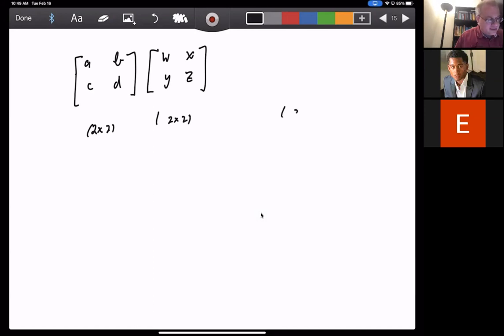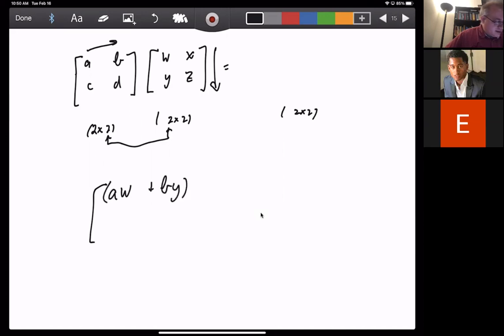The product should be 2 by 2, right? The outer indices tell you your product is going to be 2 by 2. So if you go across the rows and down the columns, in the 1,1 entry of your product, first row, first column, you use the first row from your left matrix and the first column from your second matrix. That's going to be A times W plus B times Y.